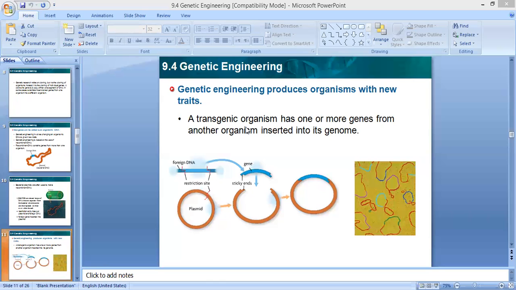This is a transgenic organism. Sometimes I have a transgenic plant, sometimes a transgenic animal, like the watermelon. When the watermelon was changed to one without seeds, it is called a transgenic watermelon because its genome has been altered.